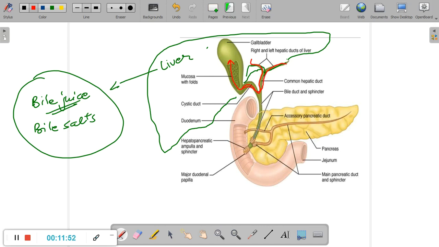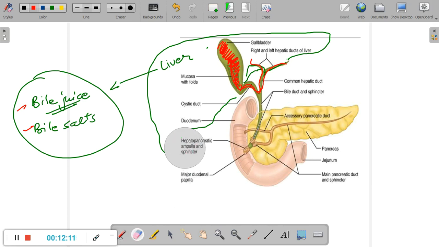These two are then stored in the gallbladder. So the liver is the factory where these two are produced, and the gallbladder is the storage area where bile juices and bile salts are stored.